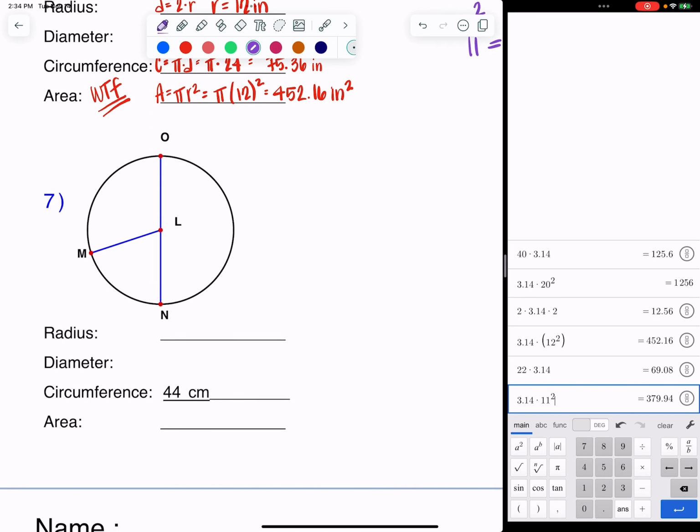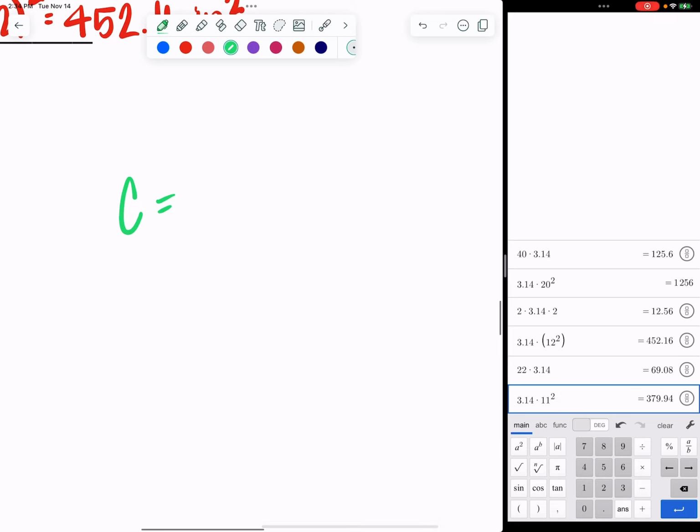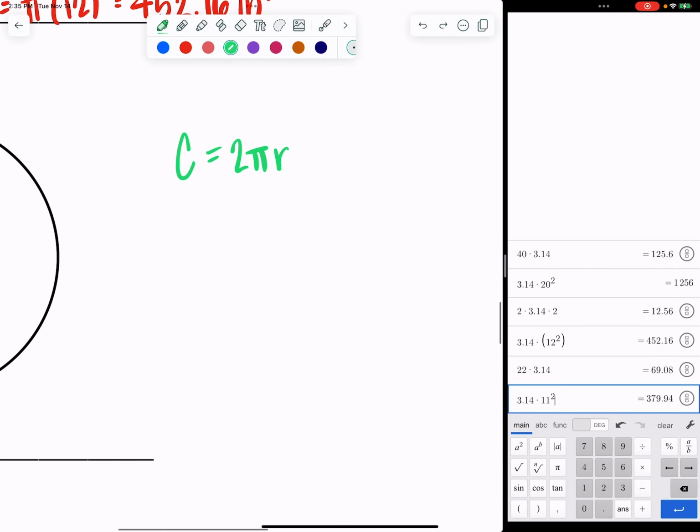Now 7 and 8 are a little bit different. We start out with circumference this time, but that's okay. That's what your scratch work is for. So I am given circumference, and I know that circumference is 2 pi times the radius. Well, I know the c. I can plug in for c. That's 44. So I'm going to do 2 times pi times the radius.